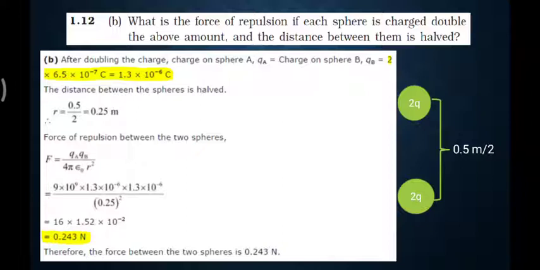So you have to square 0.25 at the end instead of 0.5. Again F is equal to K Q1 Q2 upon R square, where Q1 and Q2 are 1.3 into 10 to the power minus 6. Put in the respective values and you will reach your answer, 0.243 Newton.